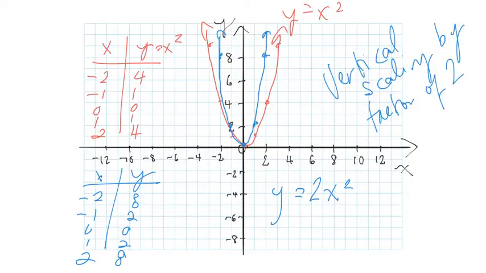And really, when I use the word scaling, I want you to think multiplication. Right? Vertical scaling is just multiplying, and the vertical is in there to remind you that what's being multiplied is the y values. It's the y values being multiplied.